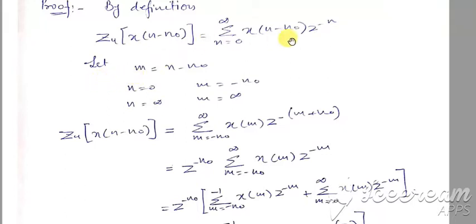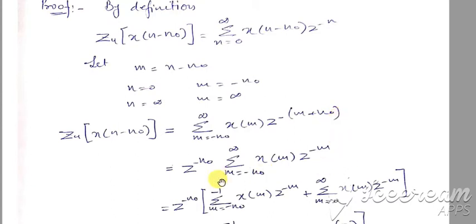Let m is equal to n minus n0, then the limits will become: if n is equal to 0, then m is equal to minus n0, and n is equal to infinity, then m is equal to infinity. Now we put these values in this expression. We get m is equal to minus n0 to infinity, x[m] z raised to the power minus m plus n0.